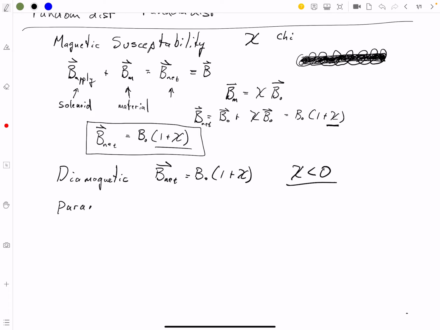Paramagnetic chi is greater than 0. And ferromagnetic as well.